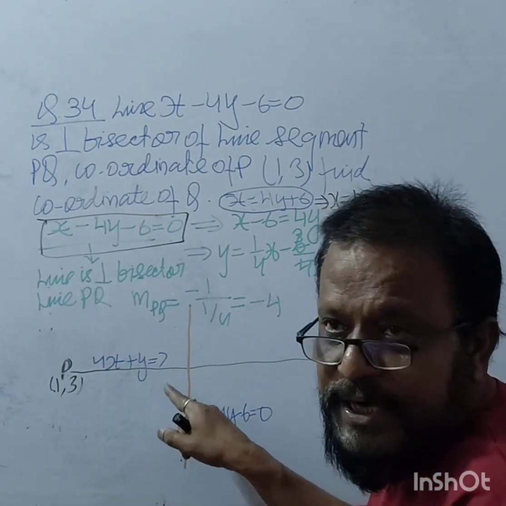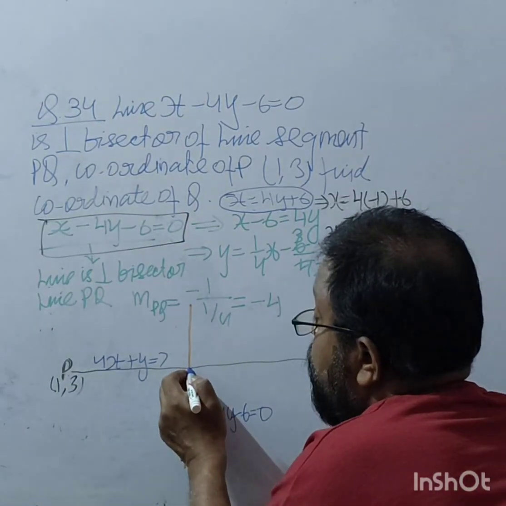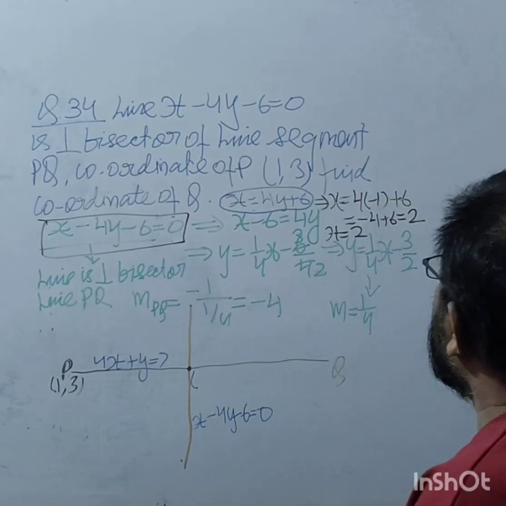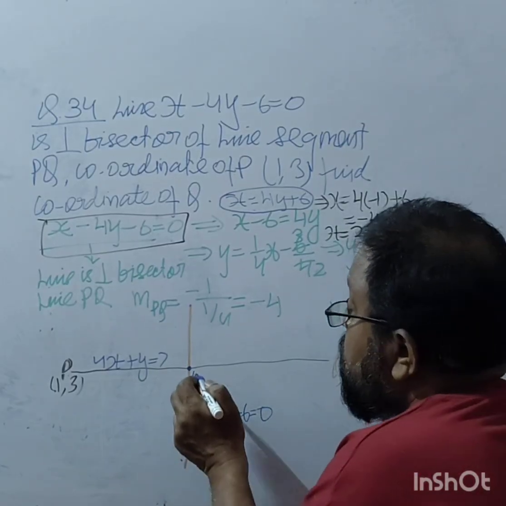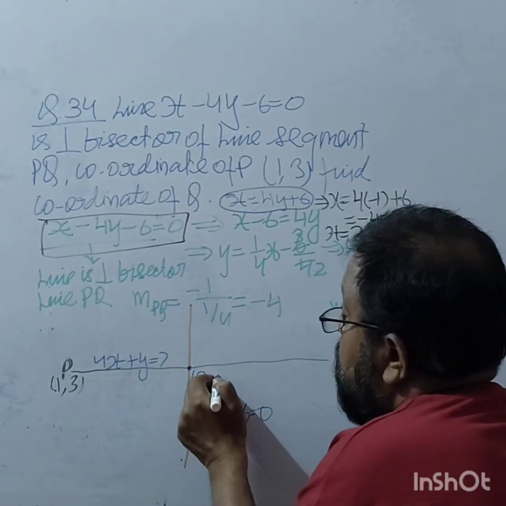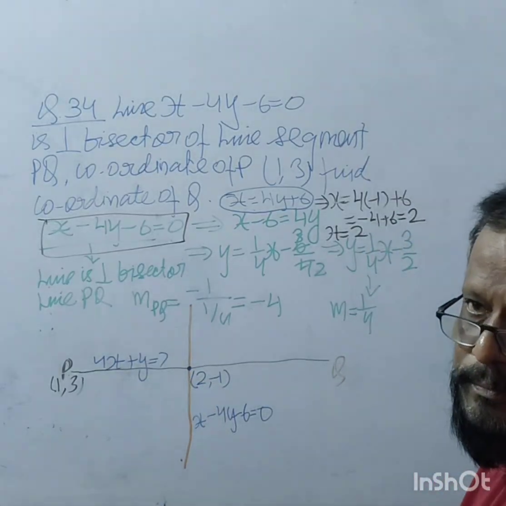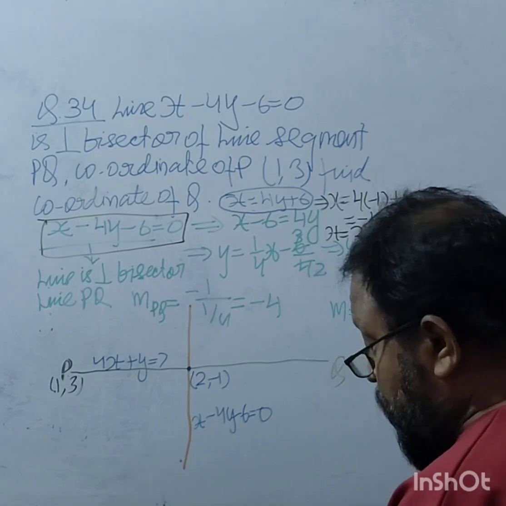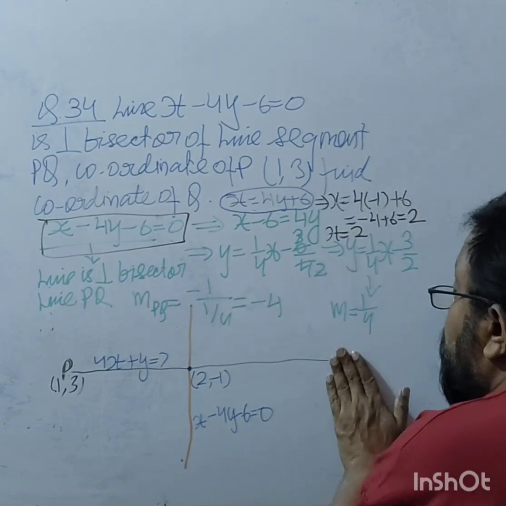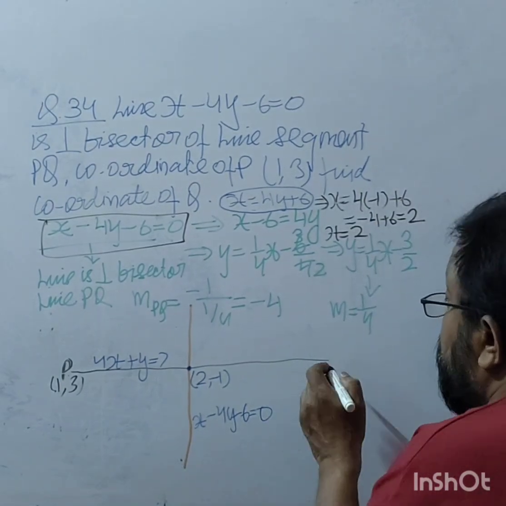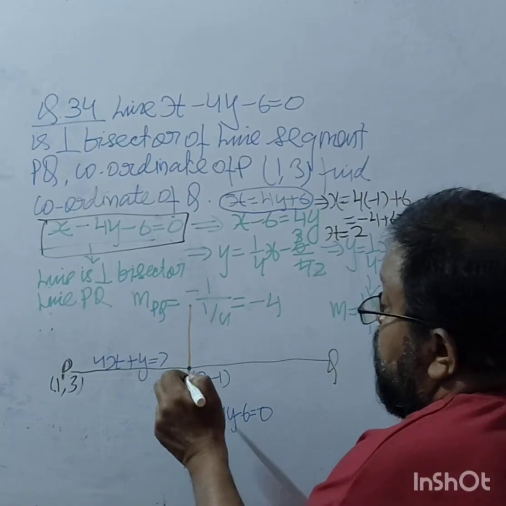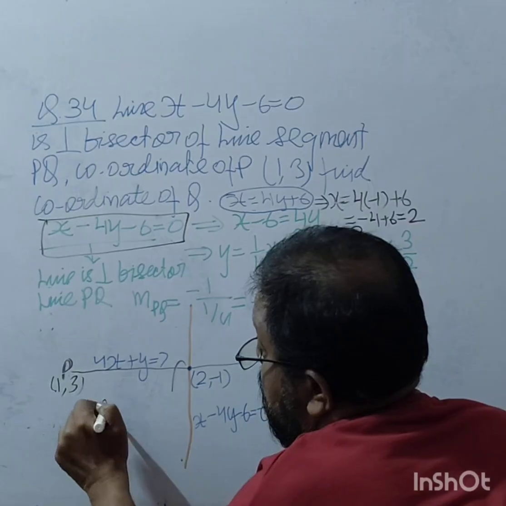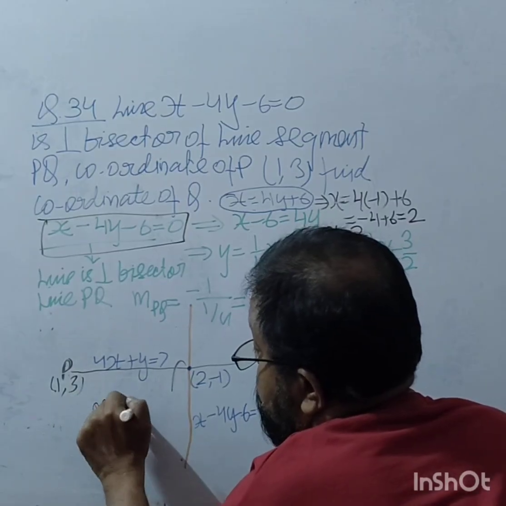These two lines are intersecting, and the point of intersection is 2 comma minus 1. And it is the perpendicular bisector, so this point is the midpoint. This is the midpoint.